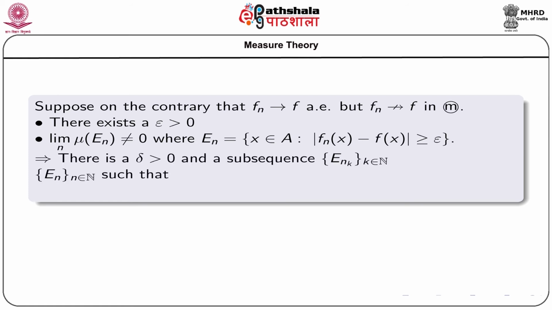Now, when we have a sequence of non-negative real numbers which is not convergent to 0, this means that there is a subsequence of this sequence which is bounded below by a positive number. So, we can say that there is a delta greater than 0 and a subsequence E_{n_k}, k belonging to N, of the sequence E_n, n belonging to N, such that mu(E_{n_k}) is greater than delta, and this is true for all k belonging to N.